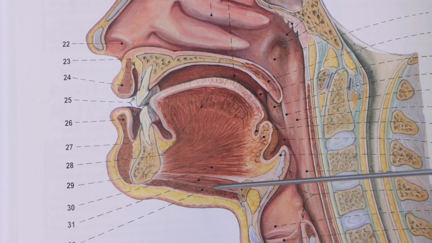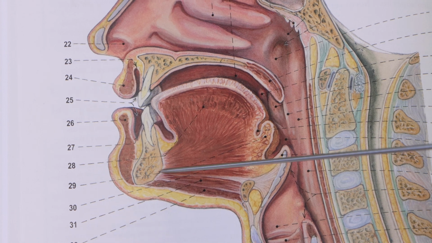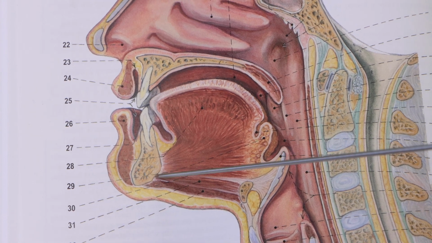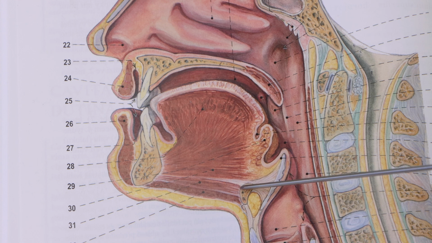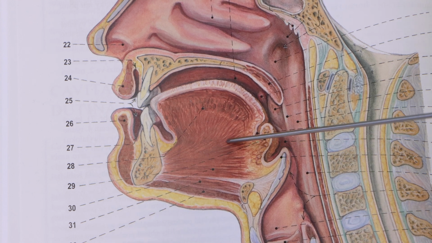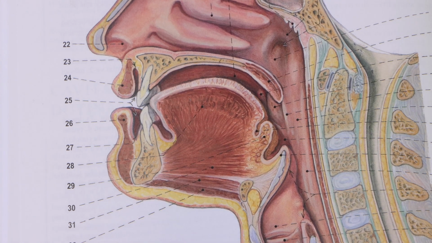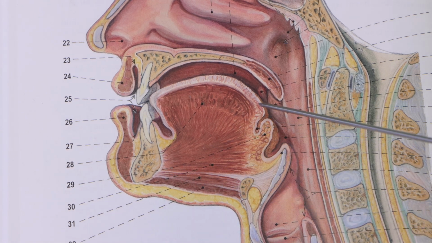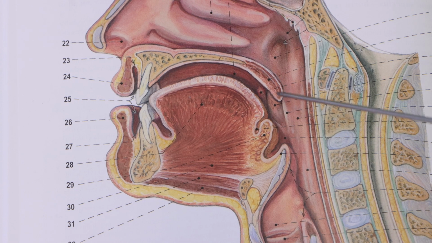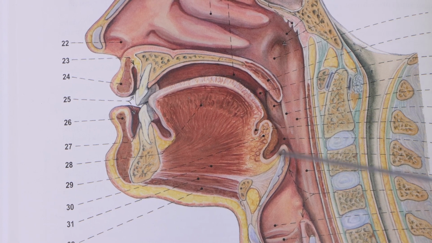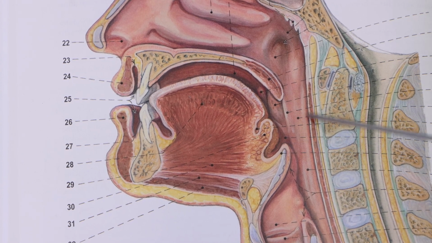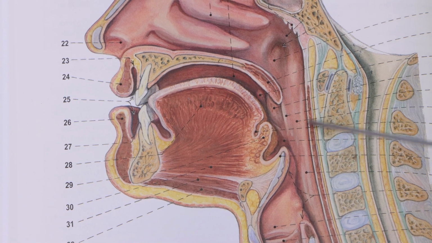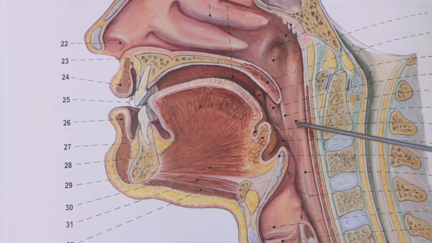Above the mylohyoid muscle, you can see the mental spine. Here is the geniohyoid muscle, and here is the genioglossus muscle, which is one of the muscles of the tongue we are going to discuss. Posteriorly, as you see, we don't have a border. The oral cavity is open to the pharynx.